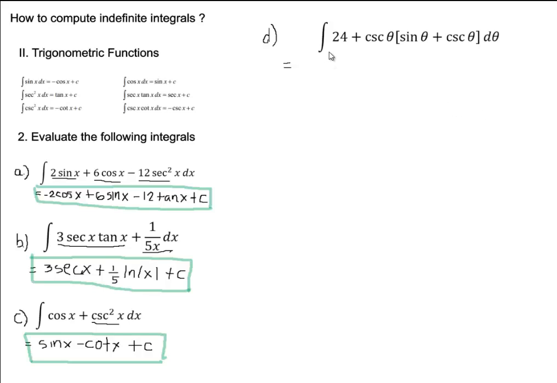How about the integral of 24 plus cosecant theta multiplied to the sum of sine theta plus cosecant theta d theta. Okay. We will need to write this first. So integral of 24 plus, so I distribute each.